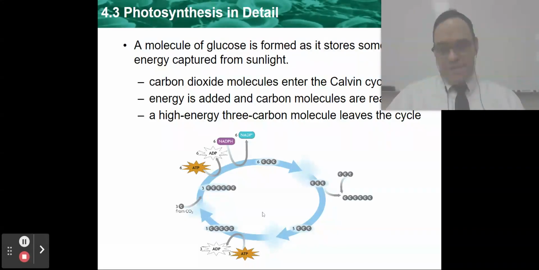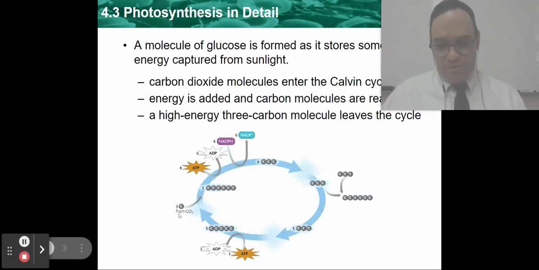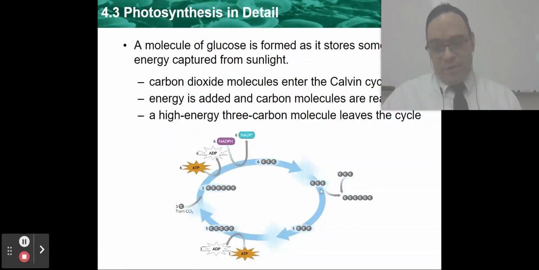Now here it is in specific, and I like to start with the three CO2s here. It just makes sense to me. So 3 carbon dioxides brings with it 3 carbons. And if I look here, I get a point where 3 carbons are here, and they can separate out. So 3 carbons in, 3 carbons out. That's important because unlike energy and electrons, carbons should equal each other on each side.